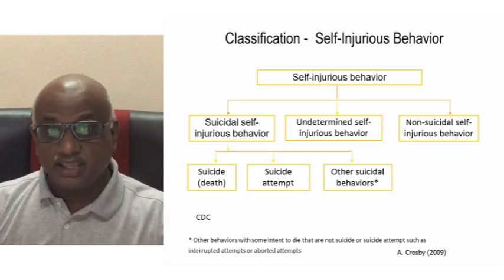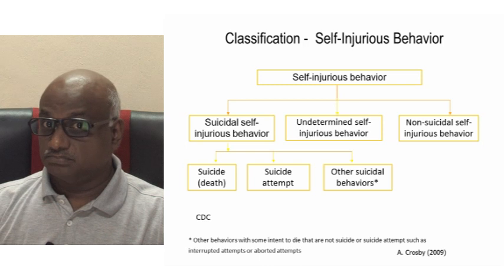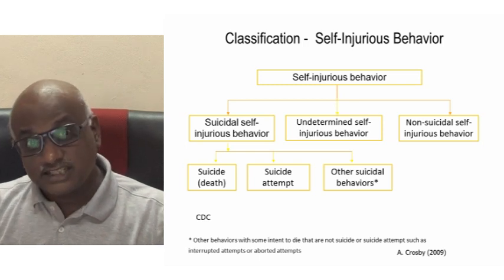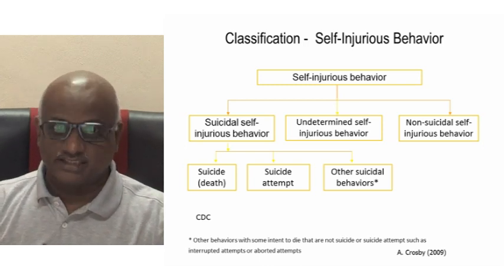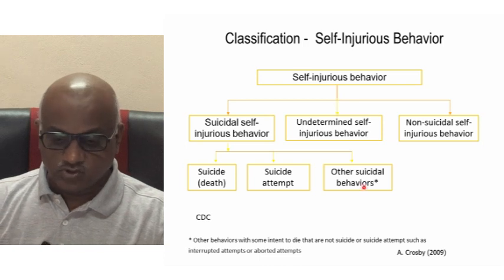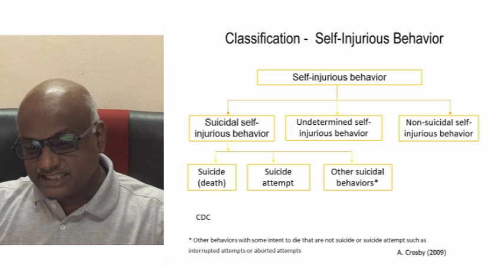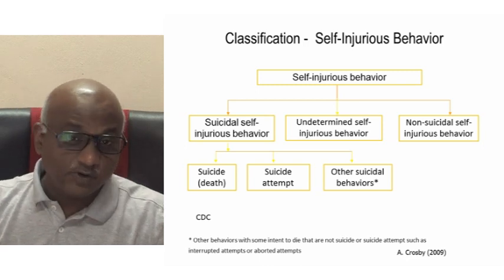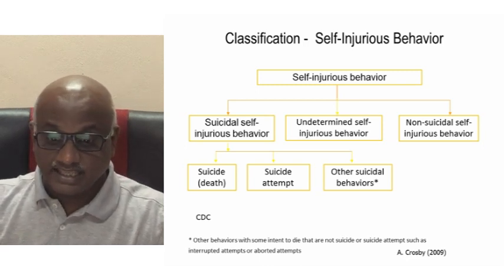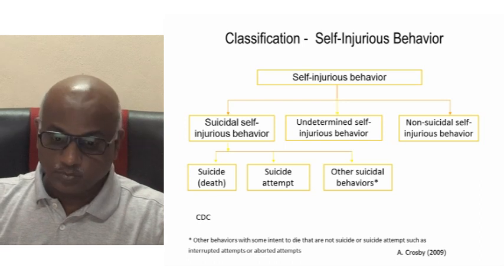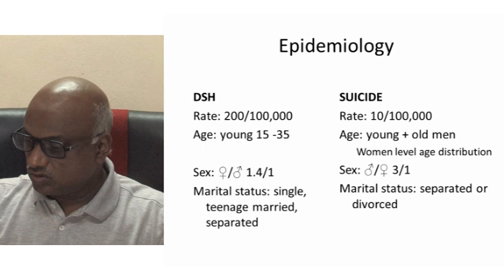Somebody might do all the stuff but not actually do the last step of killing oneself. So that will come into that. And also risky behavior, purposefully driving fast, and other things could come into that group. So this is from the Center for Disease Control.